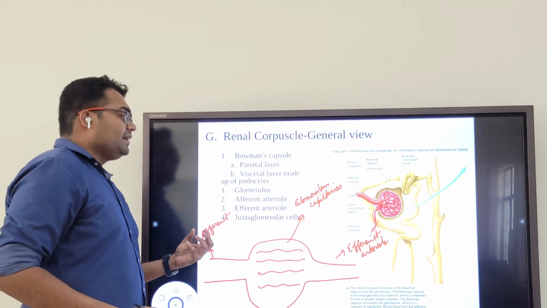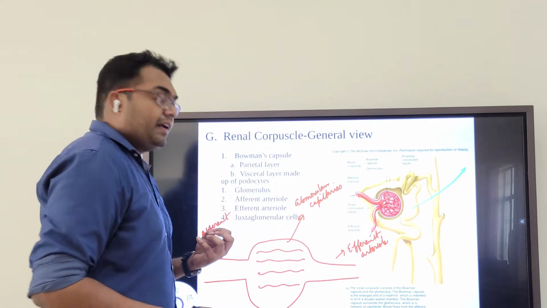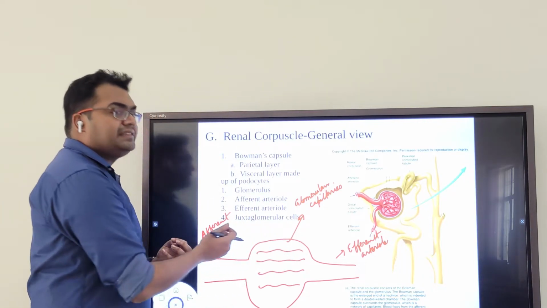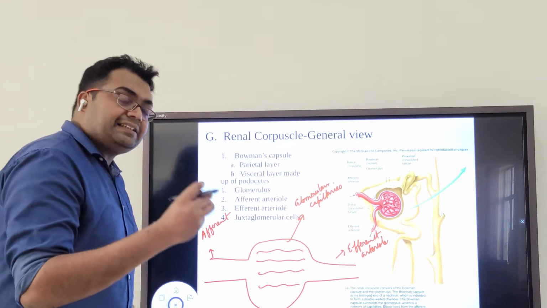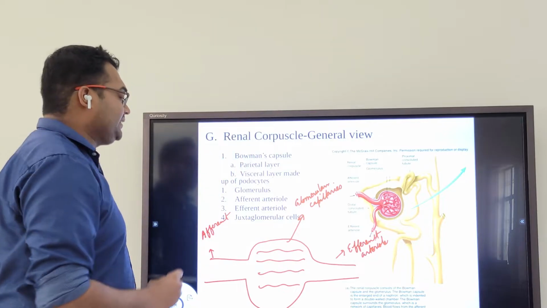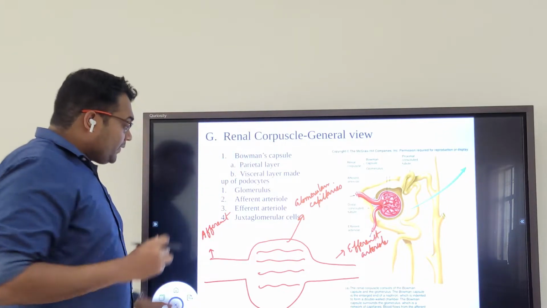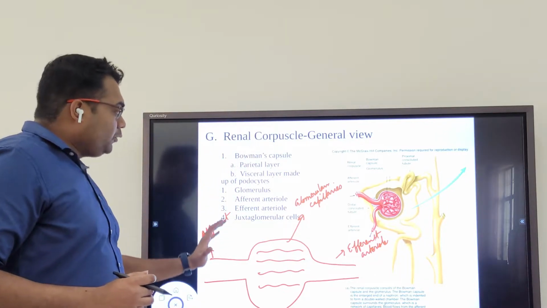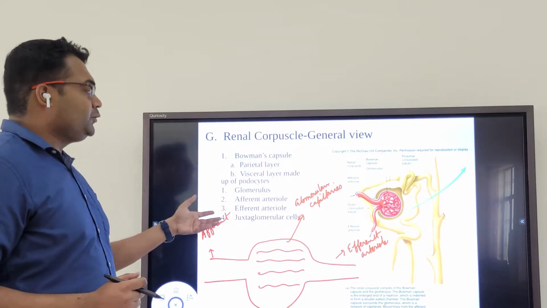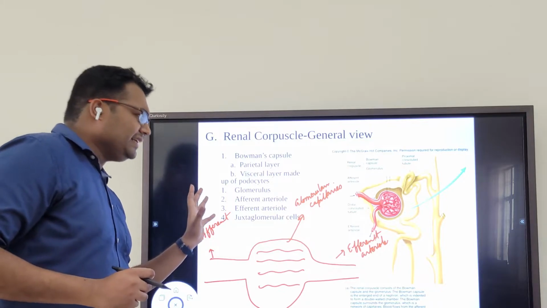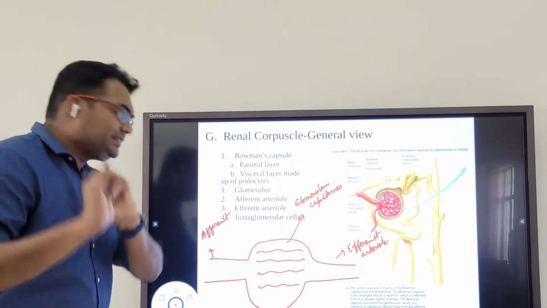What happens is you have something known as GFR, and you need to know what is renal plasma flow, and what is the filtration fraction. The filtration fraction is only 20%, meaning that we know that the cardiac output coming to the kidney is 20 to 25%. Let's suppose it is 1.2 to 1.3 liters, for your simplicity.